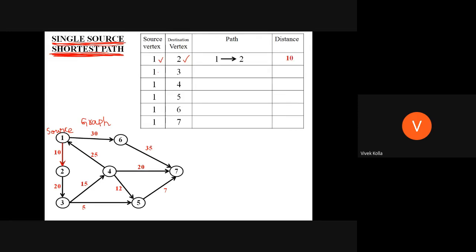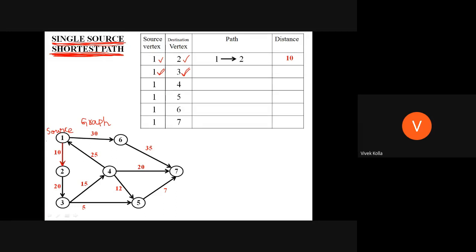Next, now our source vertex is 1, destination vertex is 3. So is there a path? First question, is there any path from source vertex 1 to destination vertex 3? Yes, there is a path. Is it a single path or multi-path?